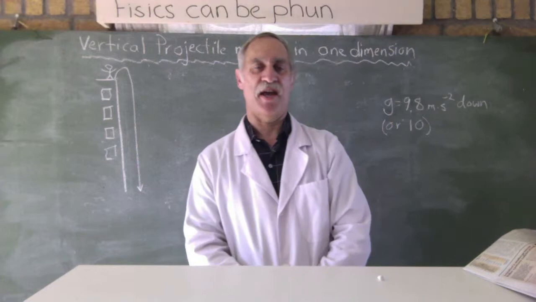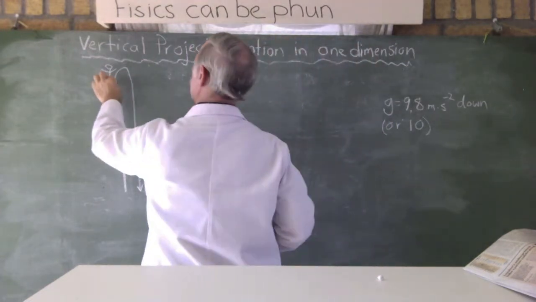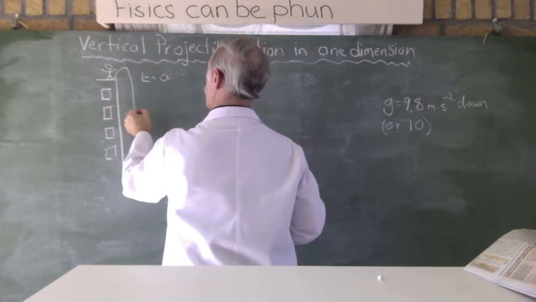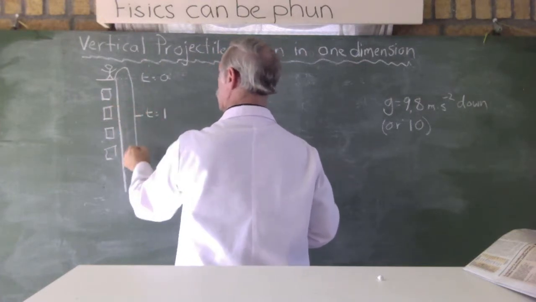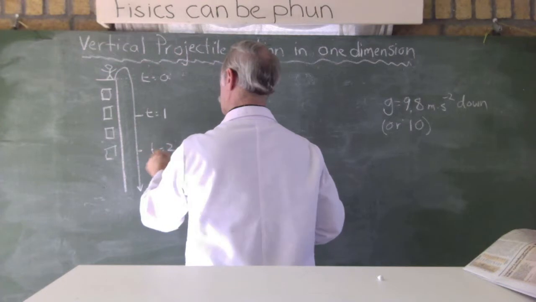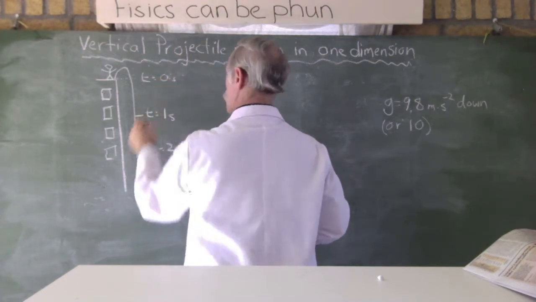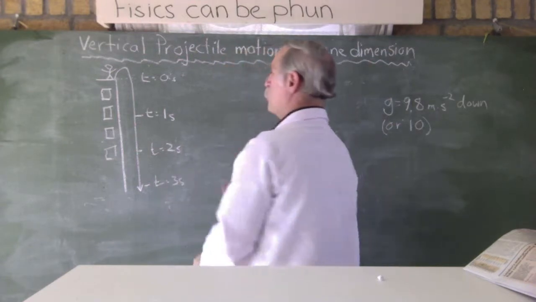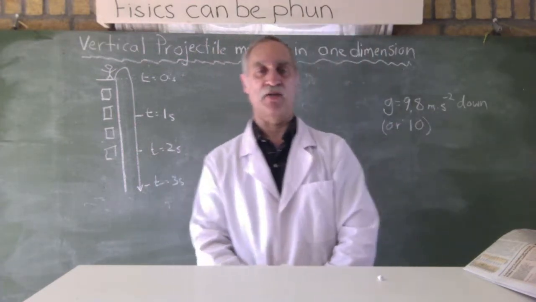I could take it from his hand. Here we have time t equals 0. Somewhere around here is going to be t equals 1 second, t equals 2 seconds, and t equals 3 seconds. So we're going to follow the stone for 3 seconds.